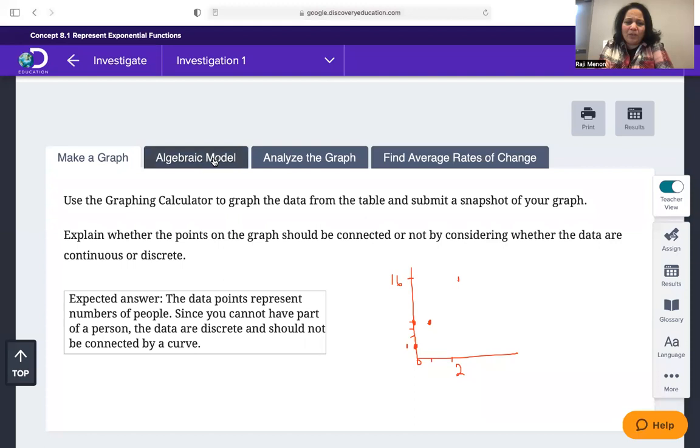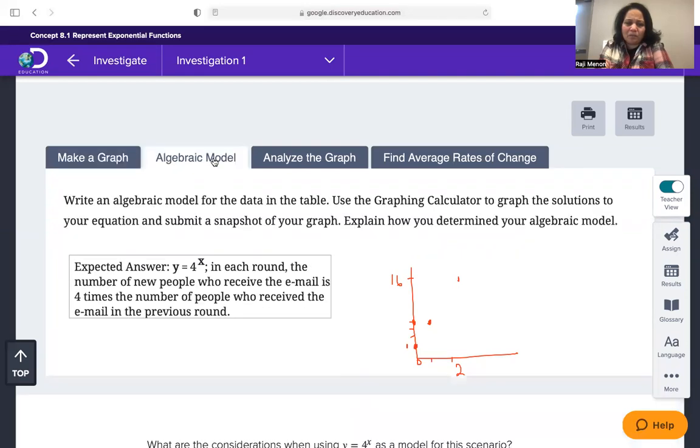Then the algebraic model. How do you do the algebraic model? It is 4 to the power of x, because when you're doing this, it's always multiplied by 4. So in the table you made, 0 is 1, 1 is 4, which is 4 to the power of 1.